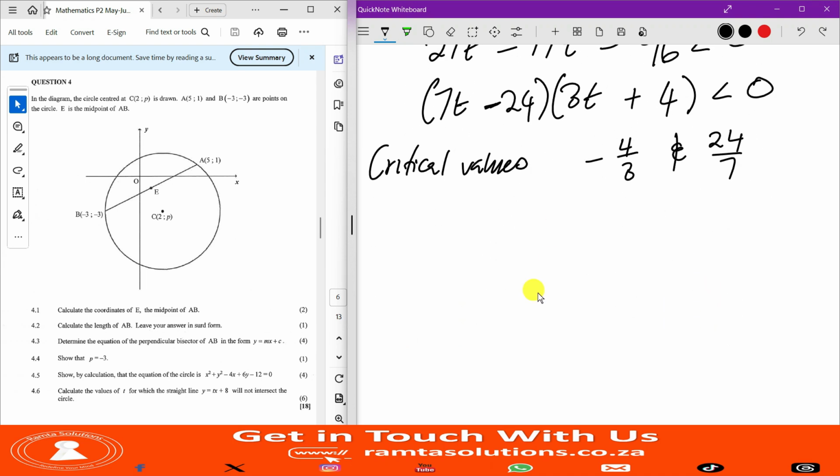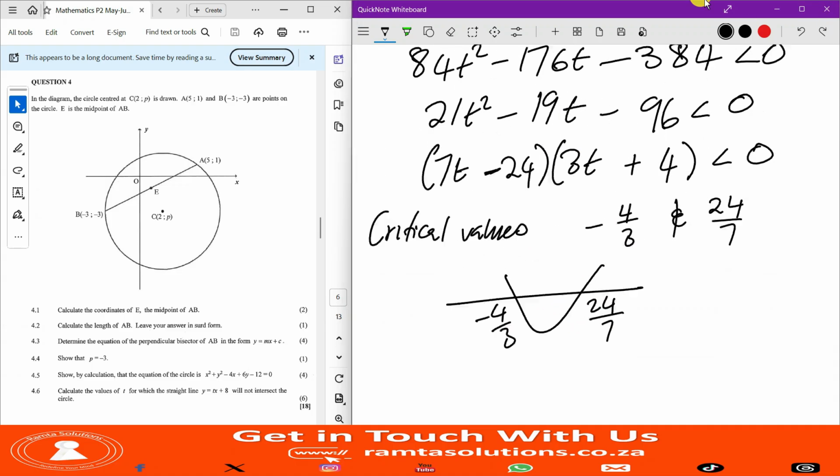Now let's draw our parabola, with minus 4 over 3 and 24 over 7. They said it must be below 0. If it's below 0, we can then say t is greater than negative 4 over 3 but less than 24 over 7.